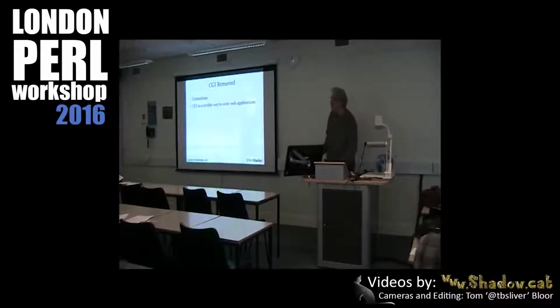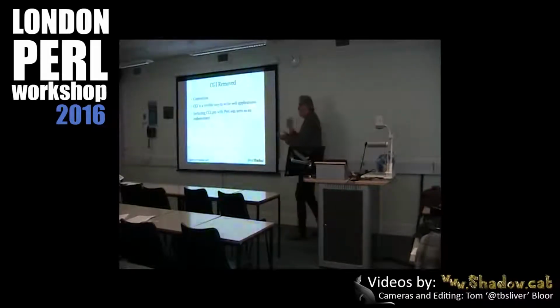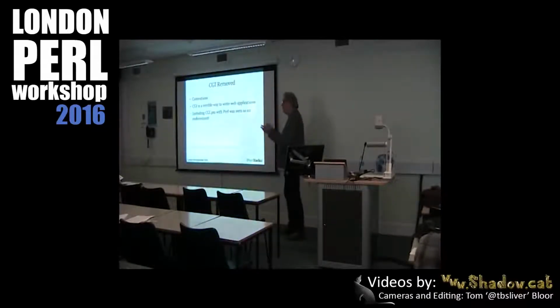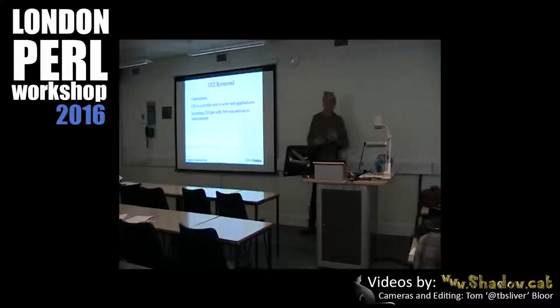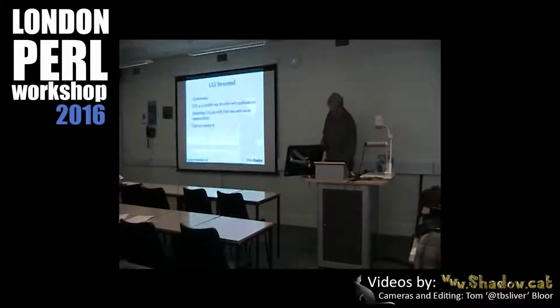It's on CPAN though. So, including CGI.pm as part of the Perl distribution was seen as a kind of endorsement of a terrible way to write web programs, and that's the overriding reason why it is now gone. So best to just remove it, use PSGI or Plack or something based on them instead.